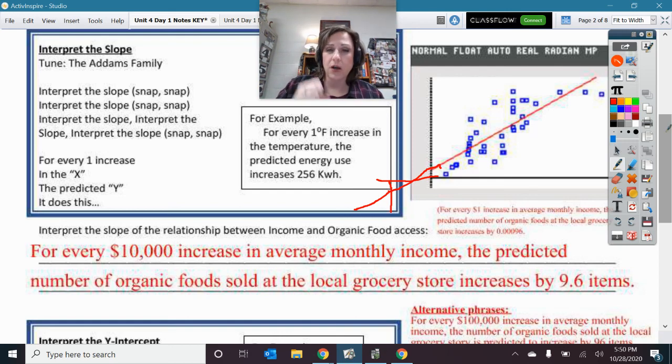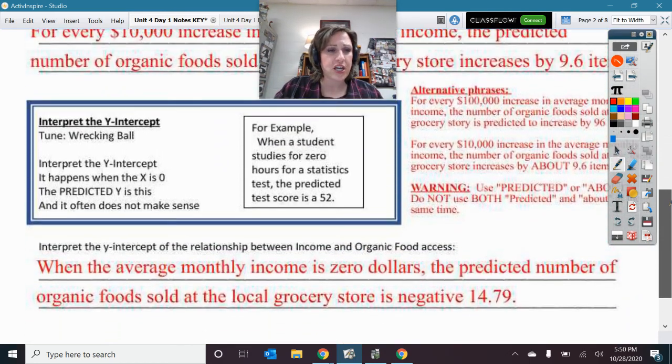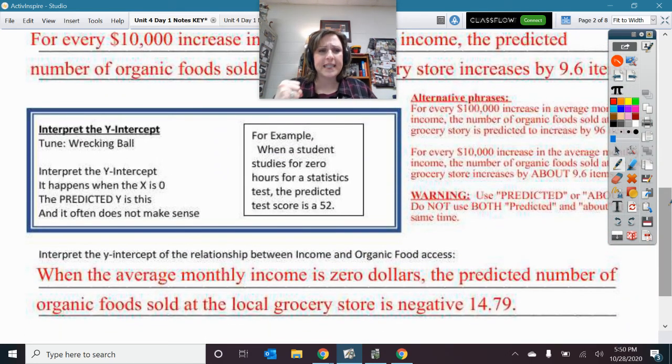But we are just anchoring on interpreting that Y-intercept. It happens when the X is 0. The predicted Y is this, and it often does not make sense, and that's because of extrapolation, which we'll talk about later.